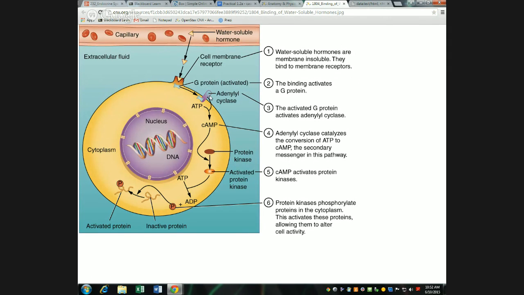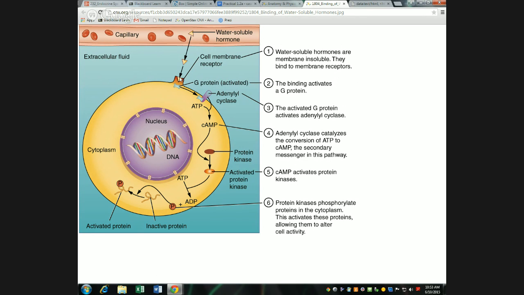What the effector protein does is it's going to make a signal inside the cell, sometimes referred to as the second messenger, or as the book refers to it here, the secondary messenger. The second messenger is the internal signal that lets a cell know that the first messenger outside the cell is there.